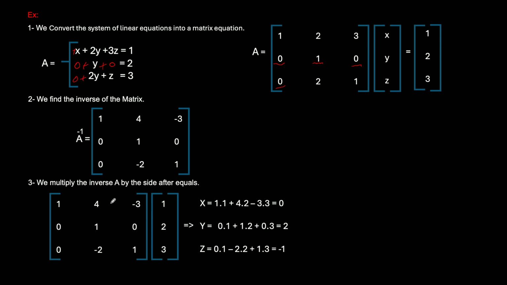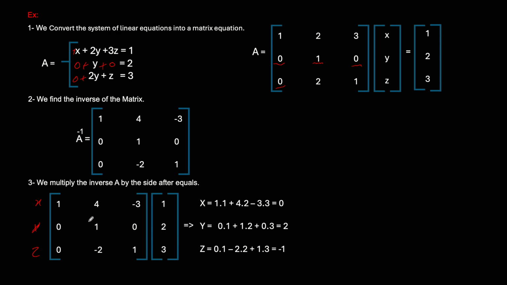This is equal to, the first row is for x, the second row is for y, the third row is for z. So x is equal to 1 multiplied by 1, plus 4 multiplied by 2, minus 3 multiplied by 3, and we get 0.